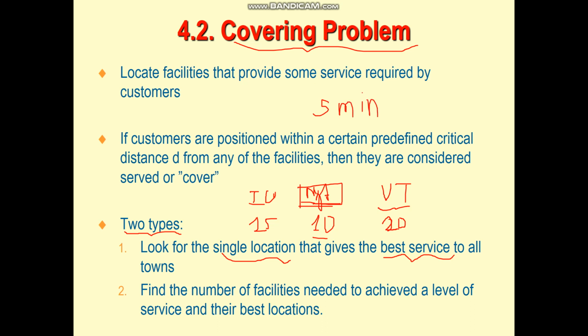So if we want to satisfy the customers by delivering the lunch or dinner to them within 5 minutes, with one restaurant in the night market, can I do it? If I cannot, how many restaurants do I have to open? Maybe I have to open one in IU and another one in the University of Technology, for example. So another type of covering problem is to find the number of facilities needed so that they can achieve the level of service.